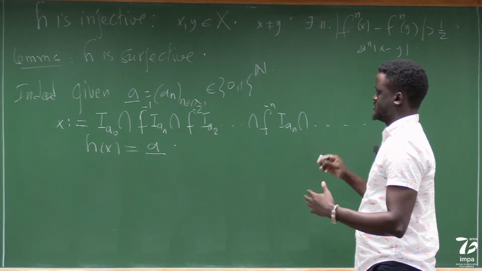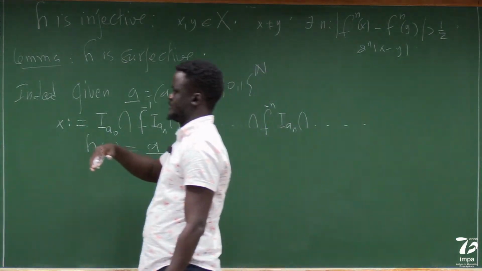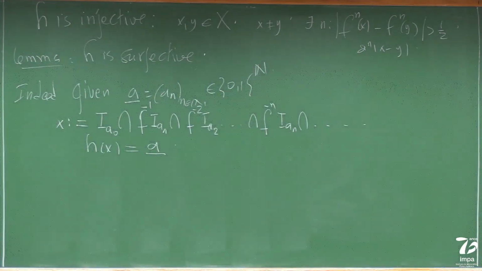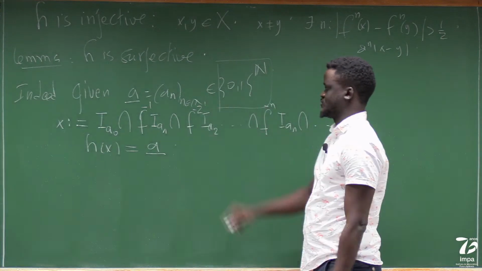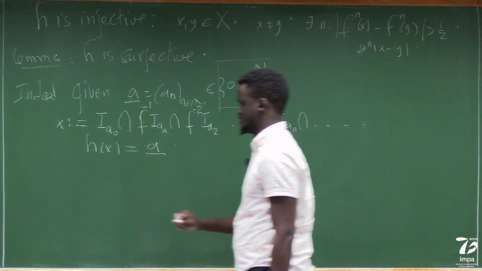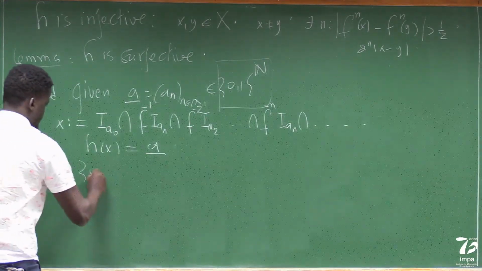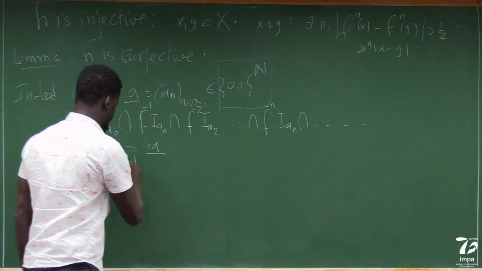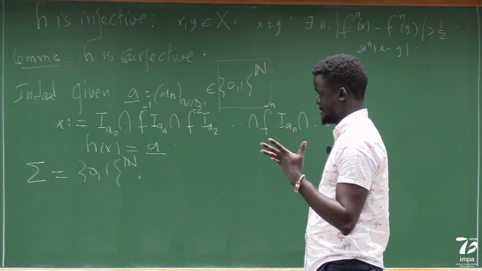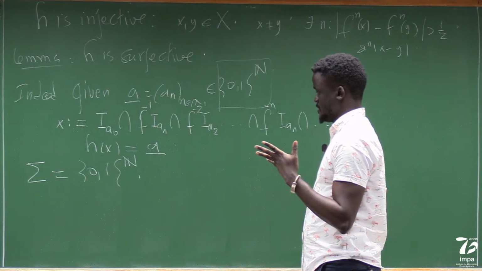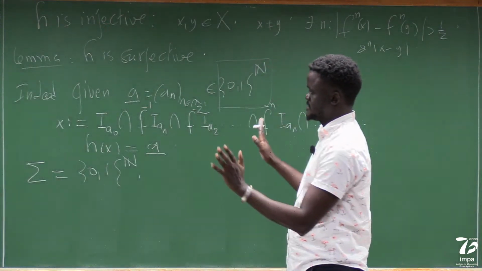Now there is something interesting about why we want to find a bijection from this space to this one. In this space we have a dynamical system that is easy to understand, which is a shift map, or Bernoulli shift. So far, I just defined a set, the space {0,1}^N.